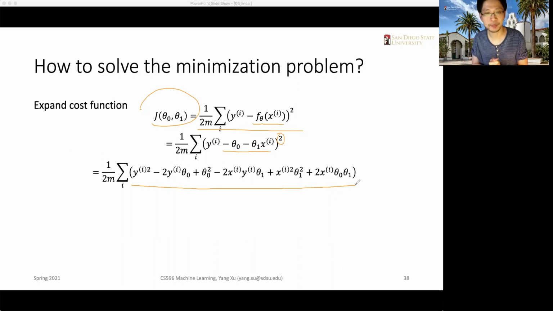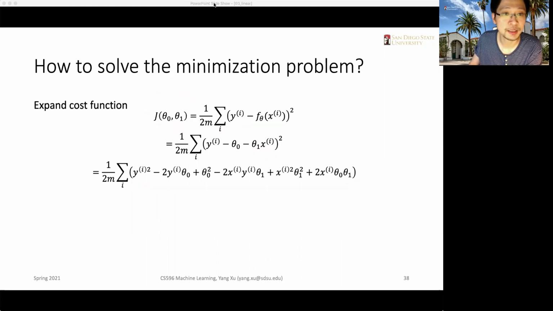So you can try it on your paper, but if we observe these two terms, we can already see that the first half here is about theta 0. And the part on the right, let me use a different color, it's about theta 1.